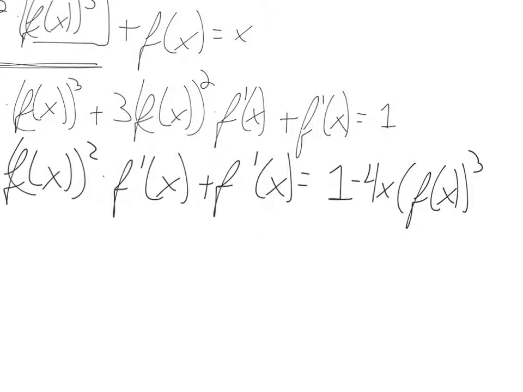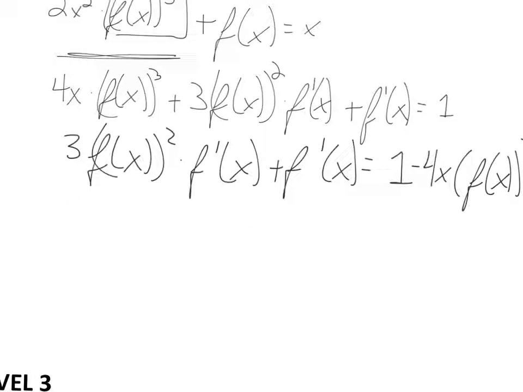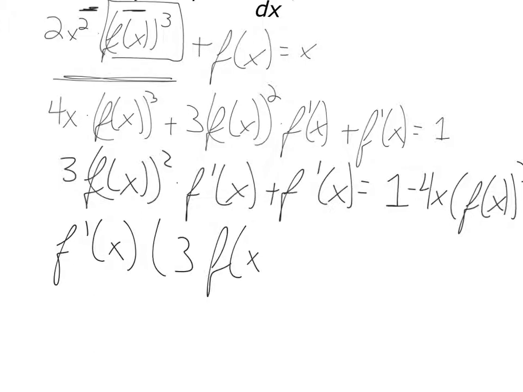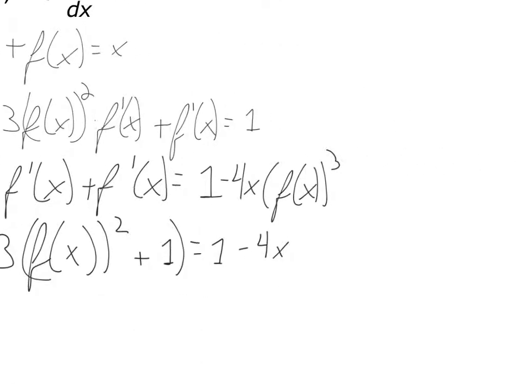And now I'm going to factor f prime of x out on the left. By factoring it out, I'm left with 3 f of x quantity squared plus 1 equals 1 minus 4x times f of x quantity cubed.